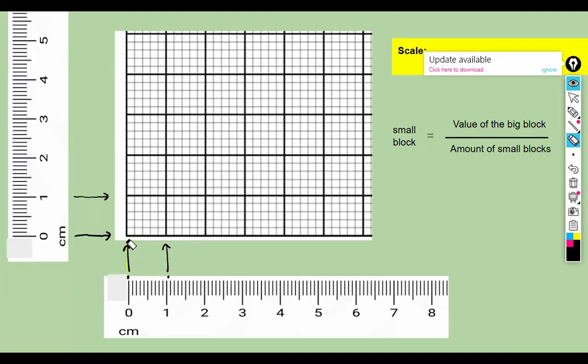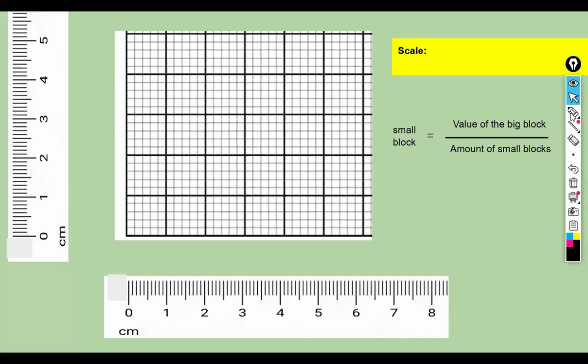Right. So the thing about it, most graph paper, well, not all, right? In the exam, the examiner is supposed to give you the scale, right? So let's do some quick calculations here and try to figure out how much each small block is worth.